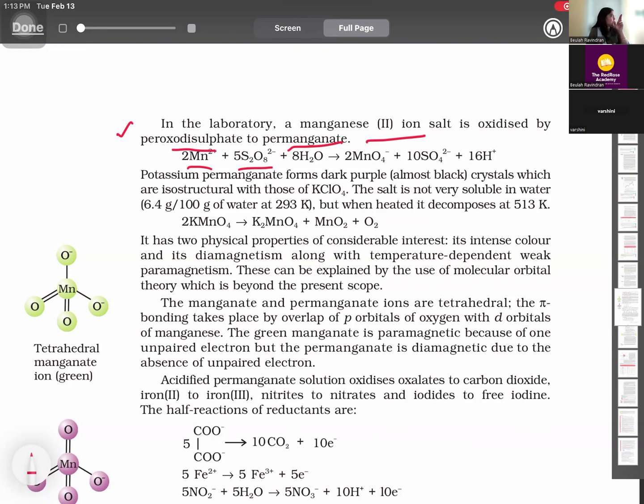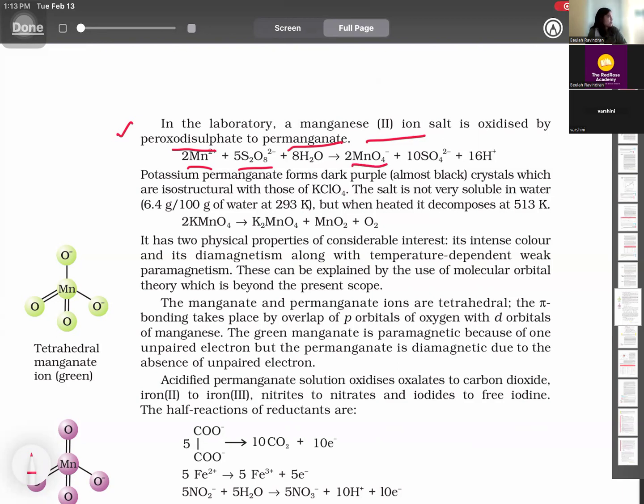Peroxo means 8 oxygen, right? Because it is given disulfate. So 2 sulfate, so it is oxidized to form permanganate.